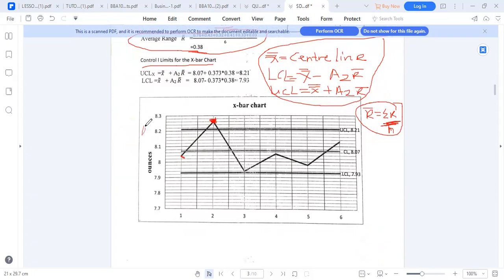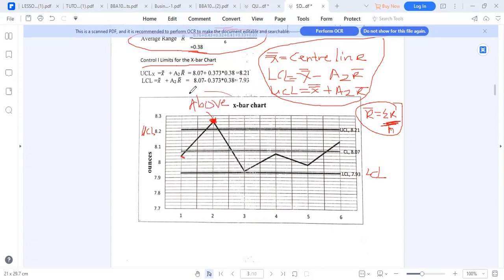This is the upper control limit. Then this is our lower control limit. Lower control limit is 7.93. This is a lower control limit. So this point is above. So the process is not in control.